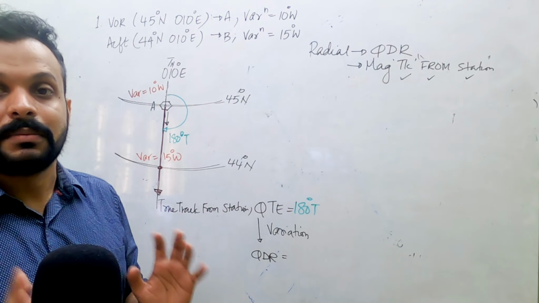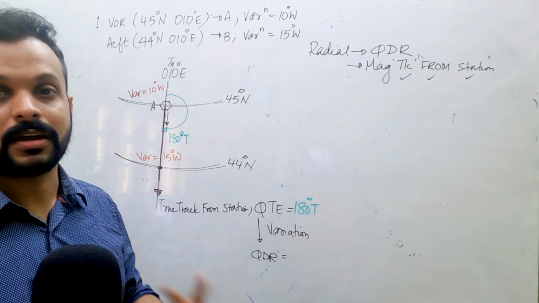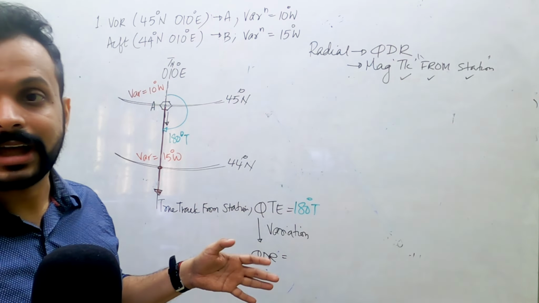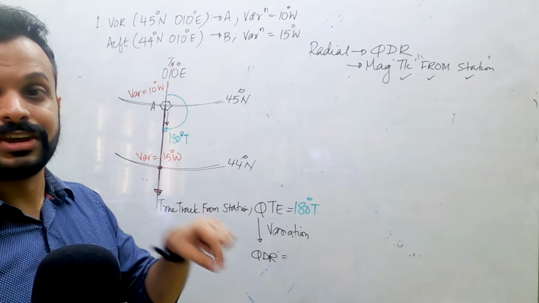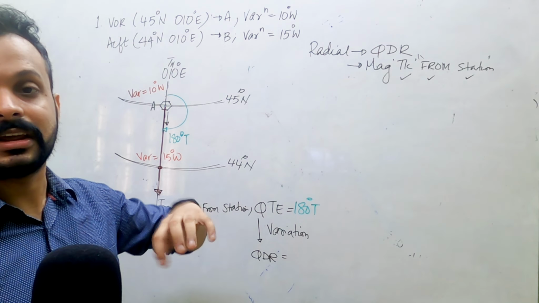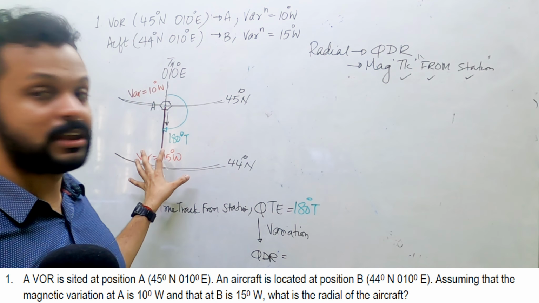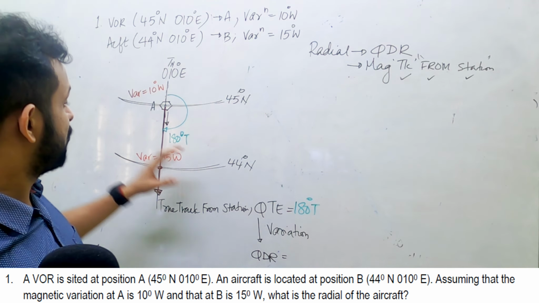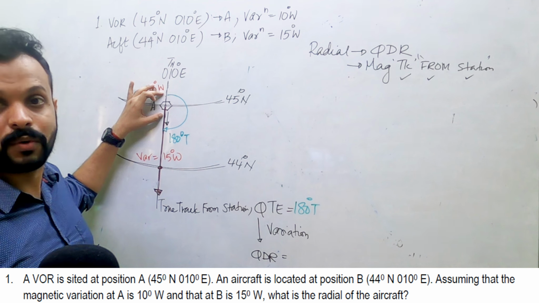What the aircraft simply has is a receiver system and a display system like the CDI, HSI or RMI. The entire measurement and setup is done at the VOR ground station. Therefore, in case of a VOR based system, the variation at the VOR, V for V, should be taken. In case of an NDB based system, the variation of the aircraft should be taken. Did you understand? That's because I cannot take the variation of the aircraft and apply it to something that was measured at the VOR. It doesn't match.